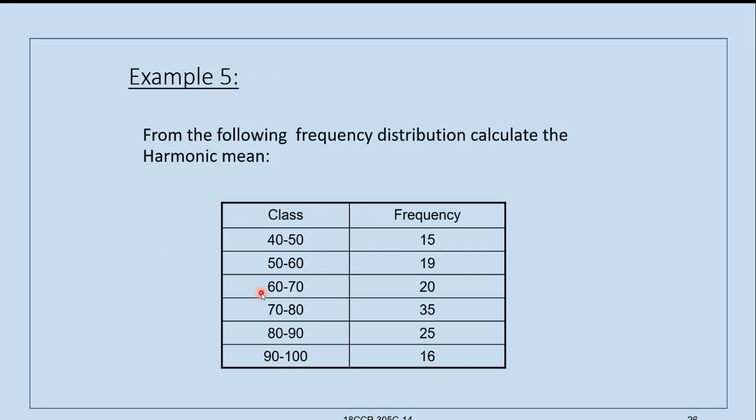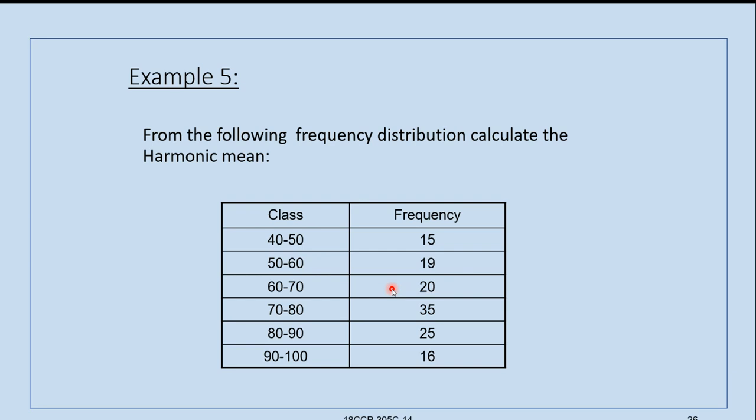We will take one example. The problem consists of class intervals, 6 class intervals, and frequency. So we'll see the table first. In the first column, we will have the class intervals as they are: 40 to 50, 50 to 60, 60 to 70, 70 to 80, 80 to 90, 90 to 100.